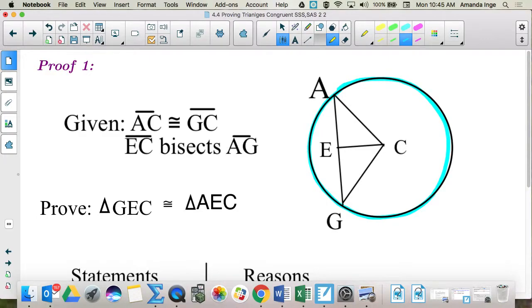Then put a center in the circle. Draw yourself a line, and then from the center, draw the radii to those points. Then draw this line right here. Okay? Everybody got that?